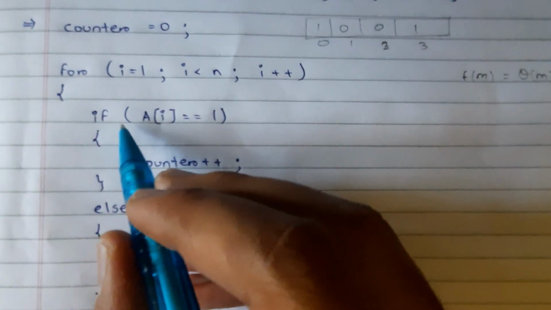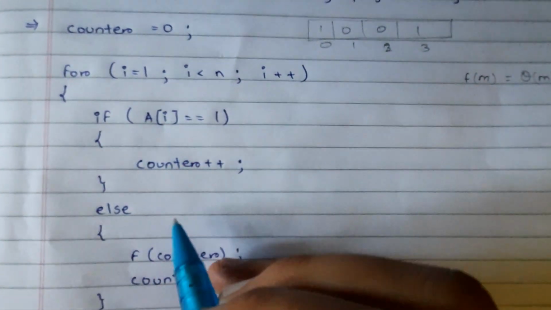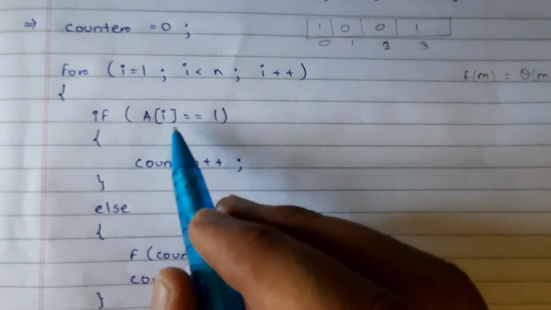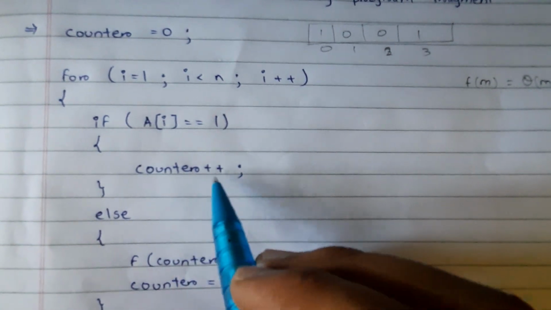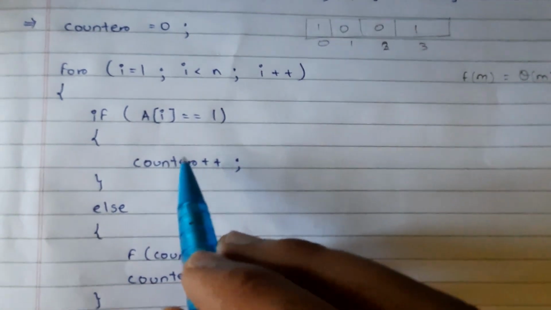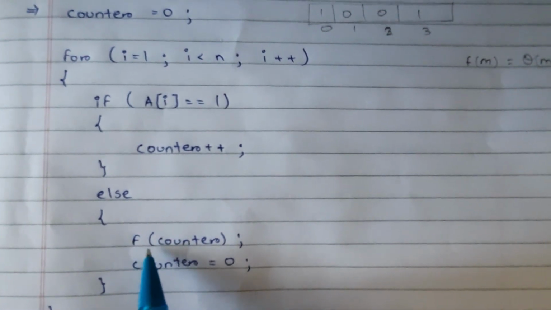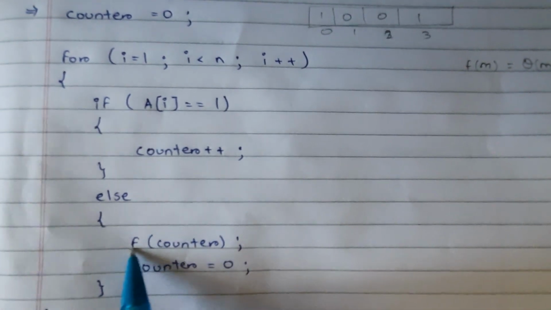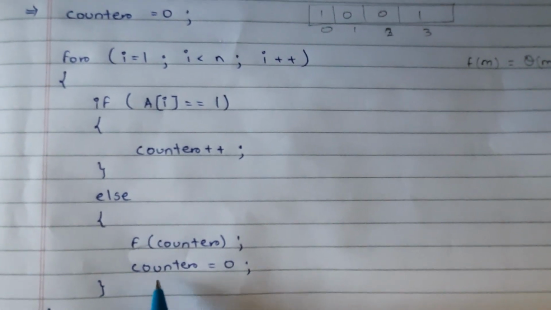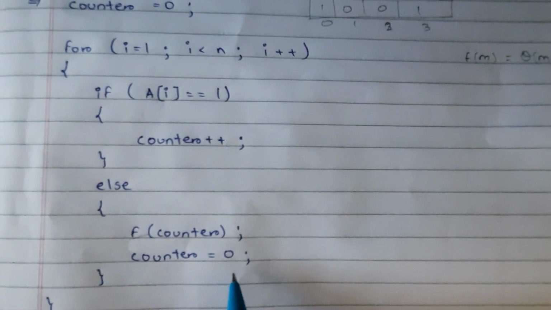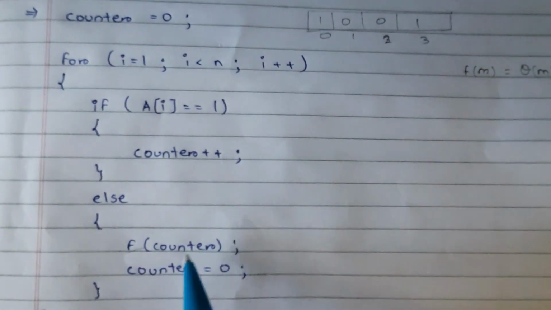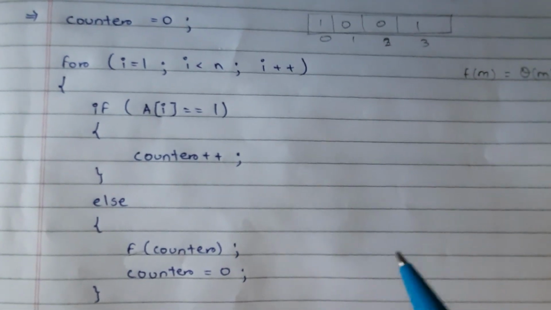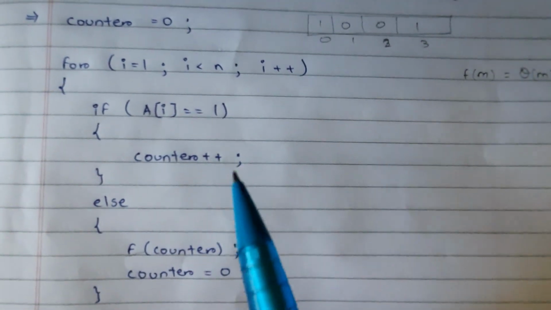Now inside the for loop there is one if condition: if A[i] is equal to 1, then counter is incremented, else it will call the function f, and the counter will be reset to 0. So this is the code which is given to us, and we have to find out the complexity of this program fragment.